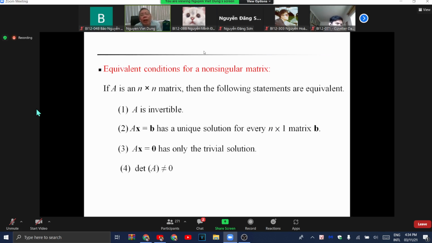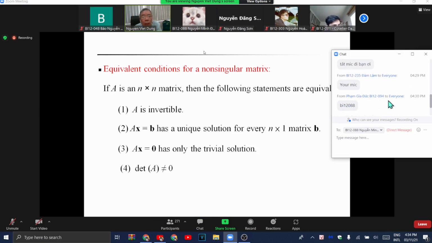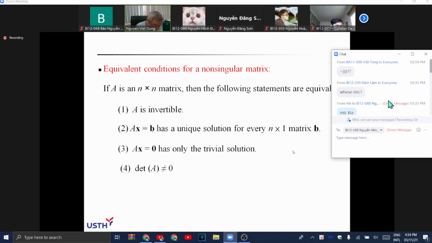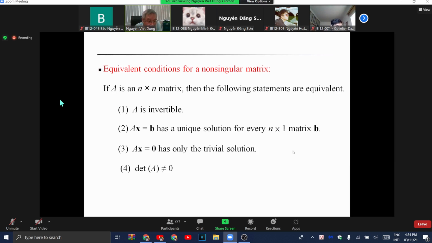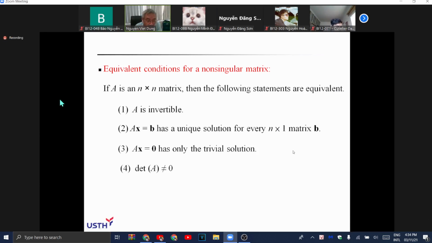And now I take a look at the chat box. Some of you tell me you have a new assignment given by Miss Huyền. Some of you asked me about the assignment for the whole class, whether it will be marked and graded, how it contributes, and how you can see the answer for the assignment.